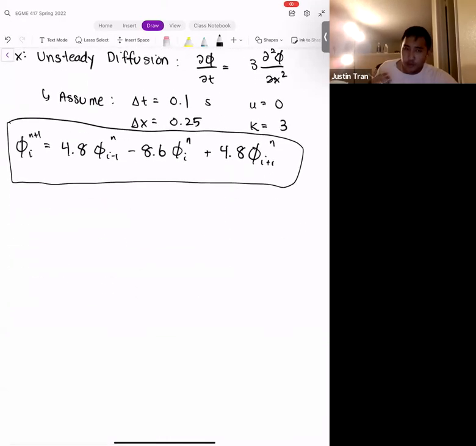And so what we're going to do is apply this at each of the nodes in our grid. Because remember, we haven't learned how to do unsteady problems with finite volumes yet. But for finite differences, even though we're unsteady here, the idea is the same. For every node in our grid, we should get an algebraic equation that explains how it evolves with time.